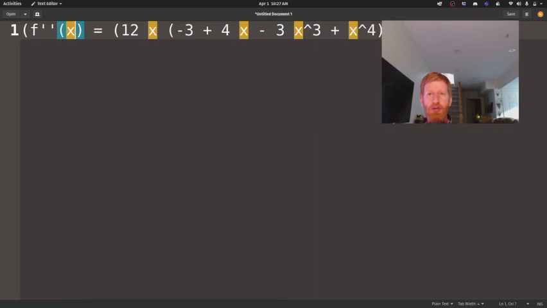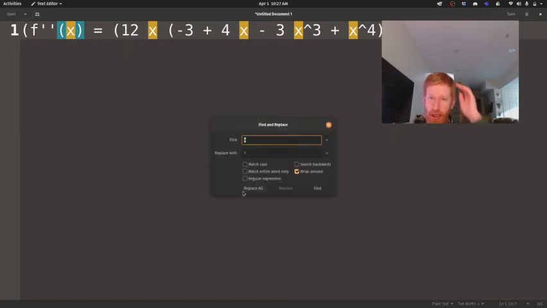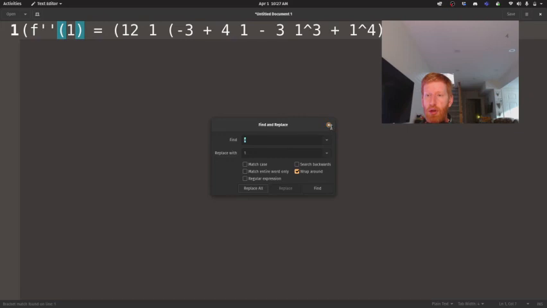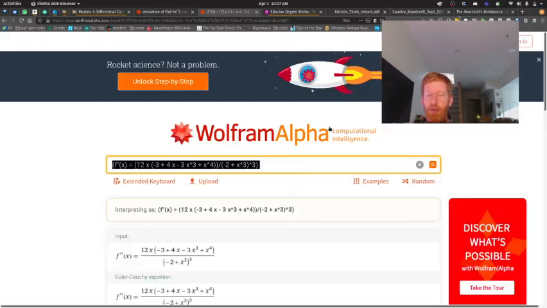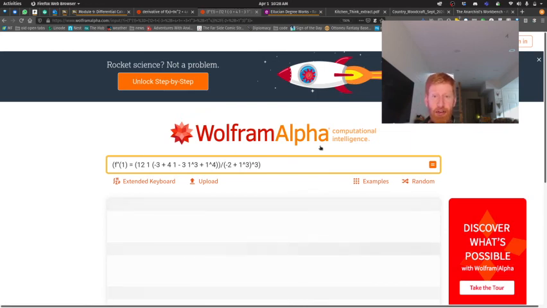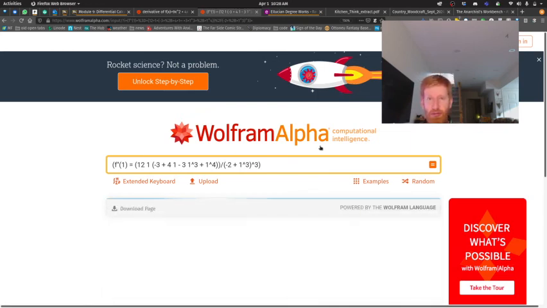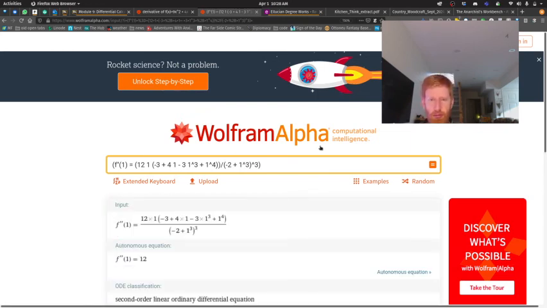X, 12x. Yeah, okay, that is fine. Run it again. Now, if we copy this into here, let's see what we get. Cool. It evaluates it appropriately, and we get a positive 12.